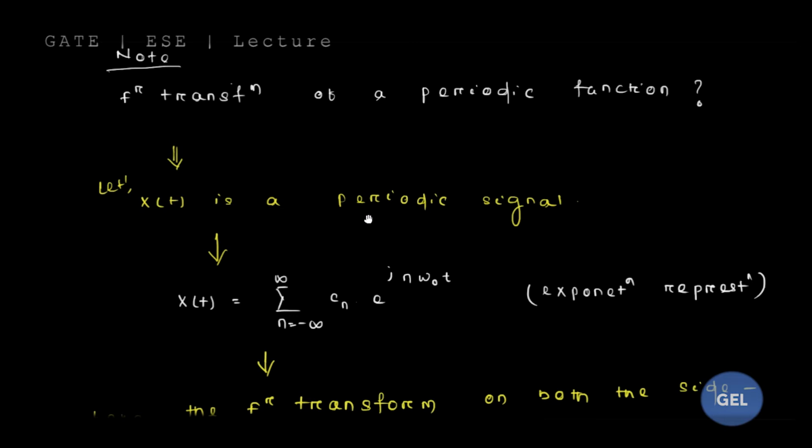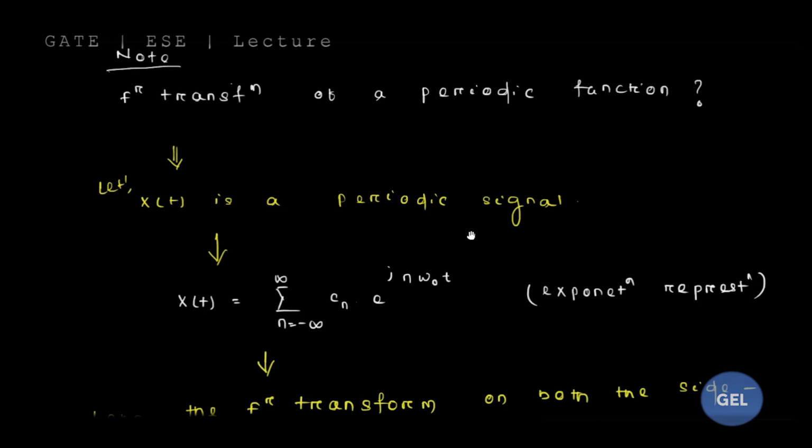But if it is periodic or non-periodic, any kind of function it could be, that representation will be the Fourier transform. The Fourier transform is the method in which you can represent any kind of signal, periodic or non-periodic. So till now, the Fourier transform was mostly useful for non-periodic signals, but how it will respond for a periodic signal, that we are going to discuss here.